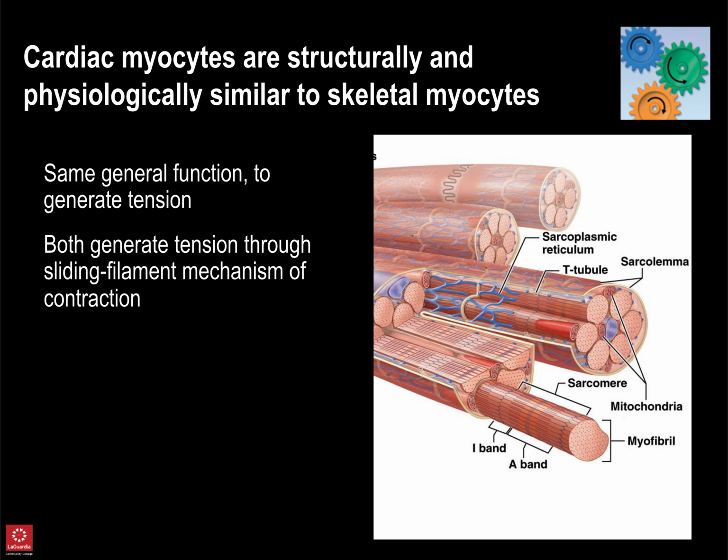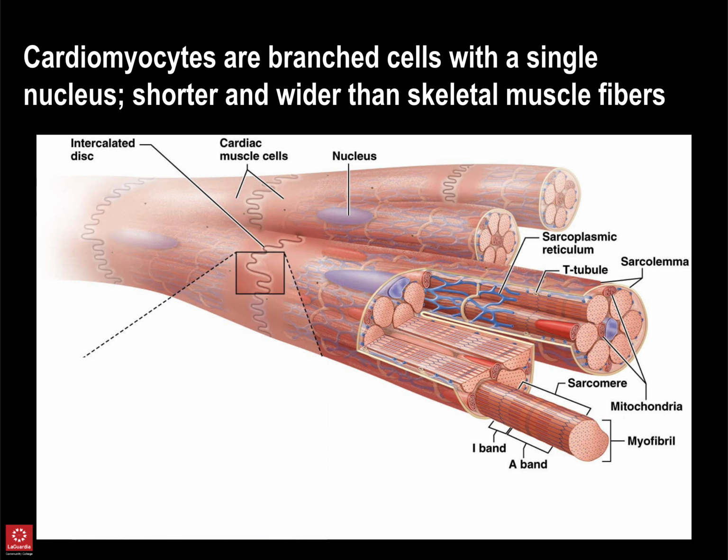So cardiac myocytes are structurally and physiologically similar to skeletal myocytes. They have the same general function, which is to generate tension, and both generate tension through the sliding filament mechanism of contraction. Cardiomyocytes are branched cells with a single nucleus.